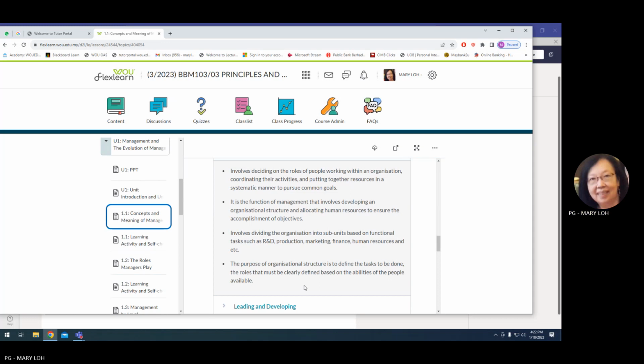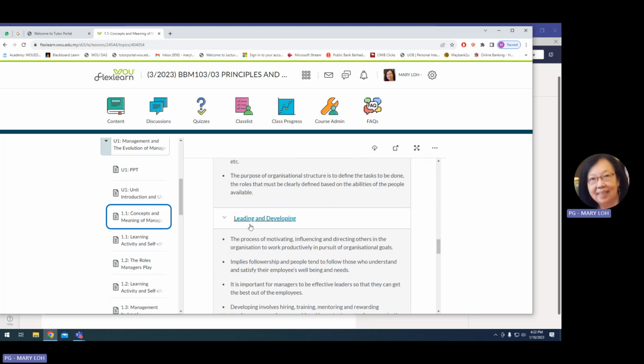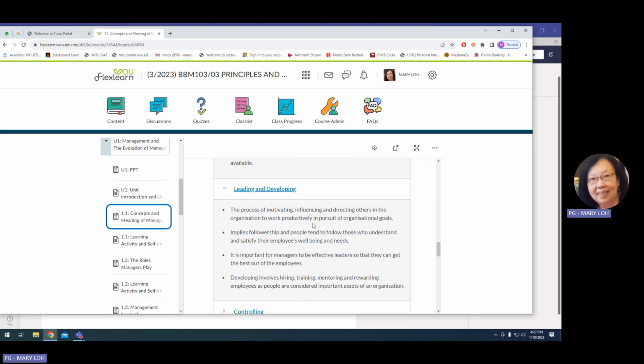Again, you go on to explain the meaning of leading. Leading involves guiding and coaching your subordinates, your staff, especially those who have just joined the company. If they are fresh graduates, they will not have much idea of what they are supposed to do.